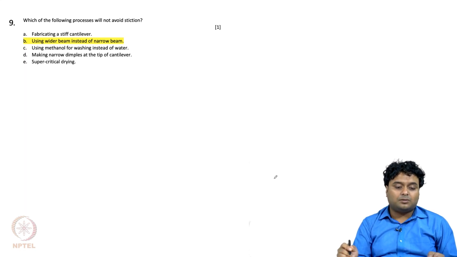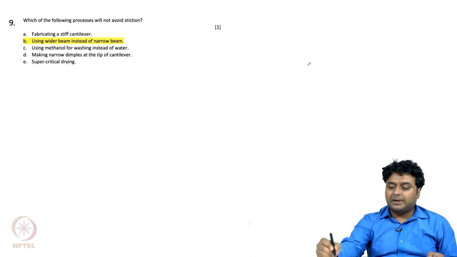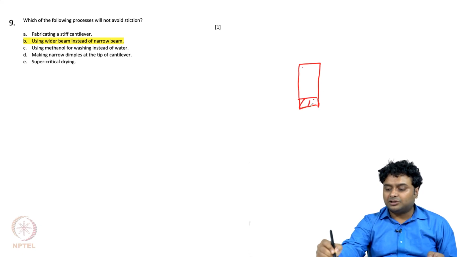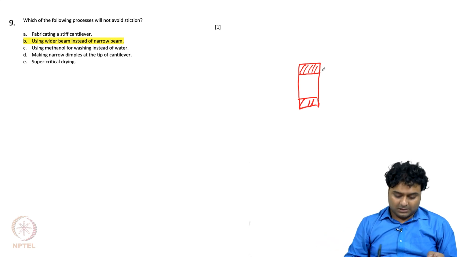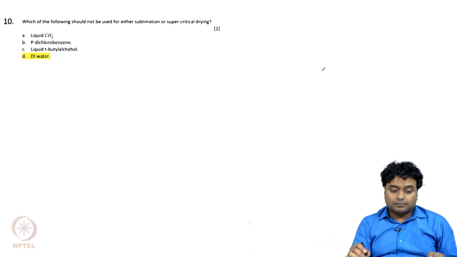But a wider beam will not make the stiction lesser, because if a beam is made wider, then, let us say this is the fixed position, the droplet that forms here has a larger contact area. So the water droplet is also bigger because of the wider beam, and it will not really help in stiction.